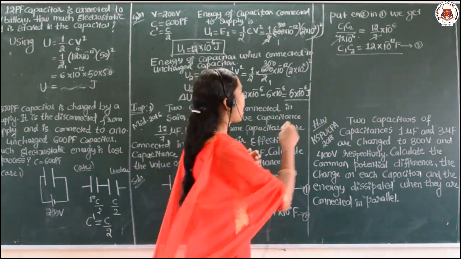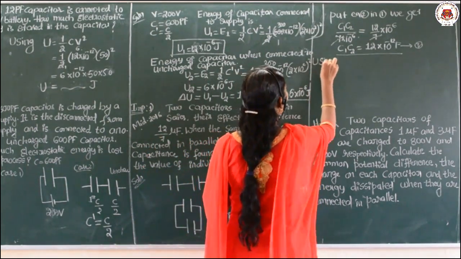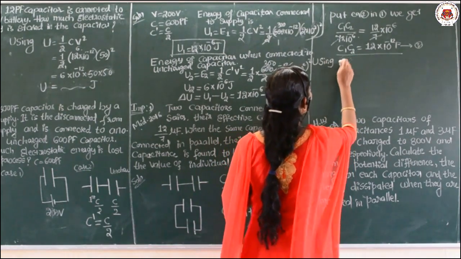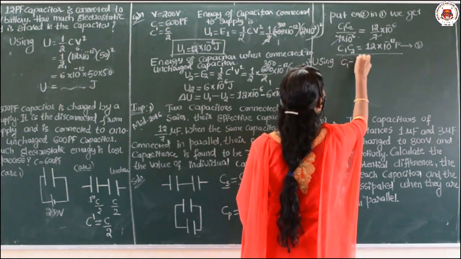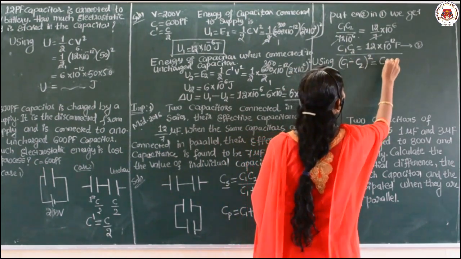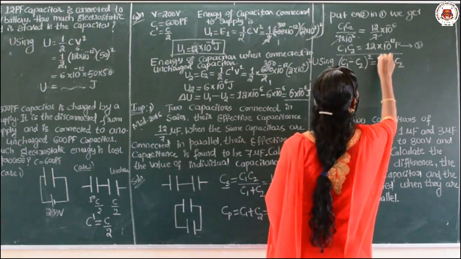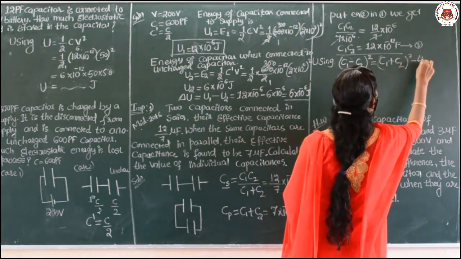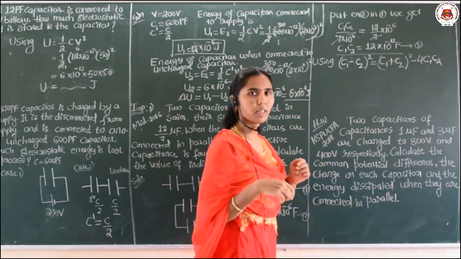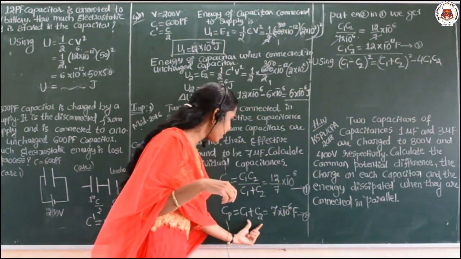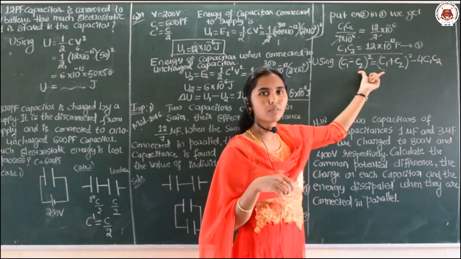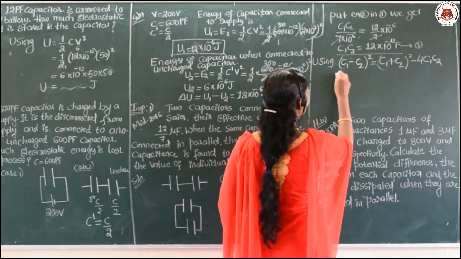Using that formula I can simplify here: C1 minus C2 whole square is equal to C1 plus C2 whole square minus 4 into C1 C2. Now use equation number 2 and equation number 3 in the given formula and simplify here.